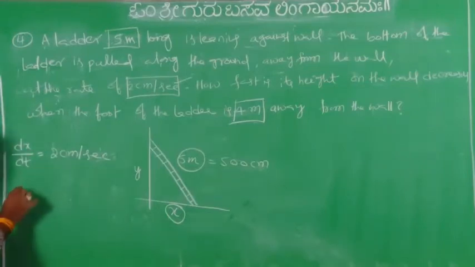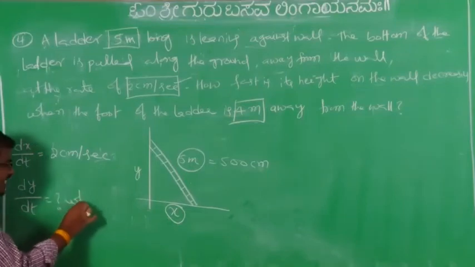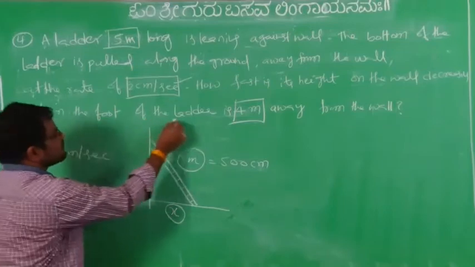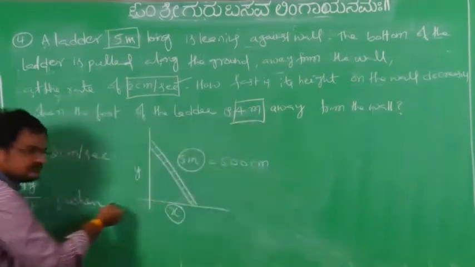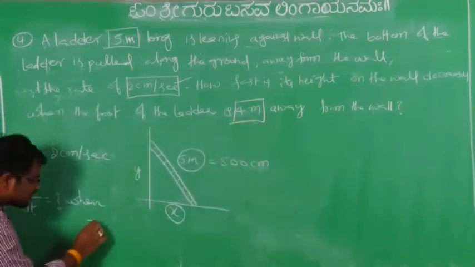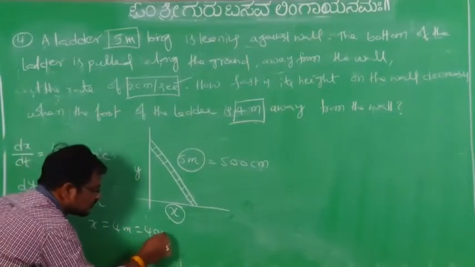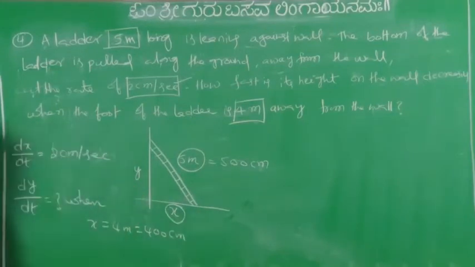Then what they asking? dy by dt asking. When they asking? When foot of the ladder is away, when x equal to 4 meters, that is equal to 400 centimeters. How to find y value? Simple problem only.